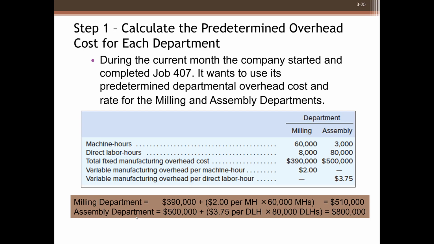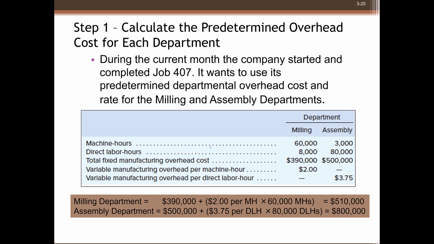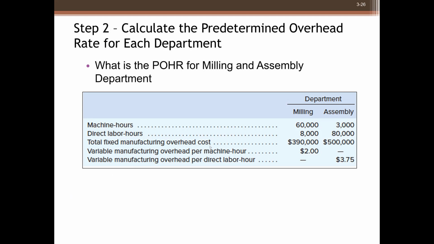For the assembly department, fixed MO, that's manufacturing overhead, plus variable MO per direct labor hour, $3.75, multiplied by the total allocation base level, 80,000 direct labor hours, and then we can get 800,000. Step 2, we can calculate the predetermined overhead rate for each department.